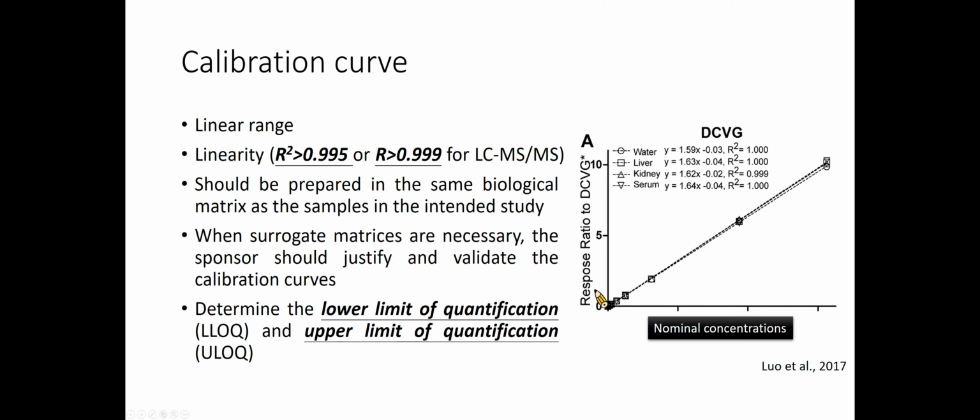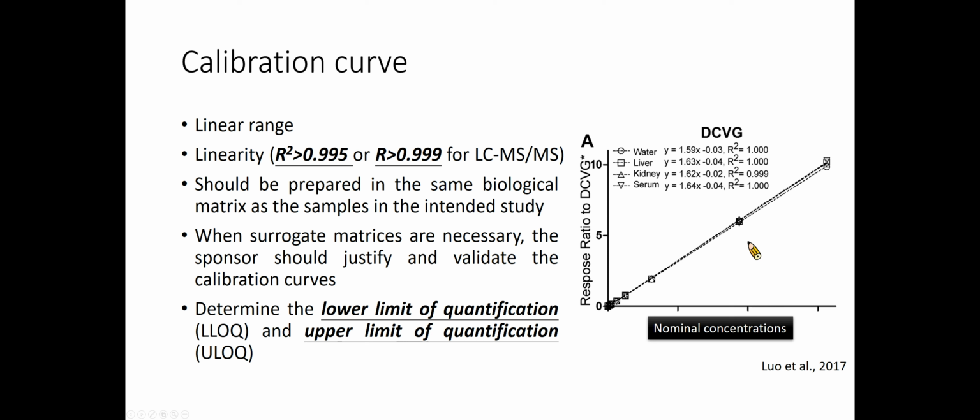When the method is validated, the calibration curve should be continuous and reproducible. You should prepare the calibration standards in the same biological matrix as the samples in the intended study.